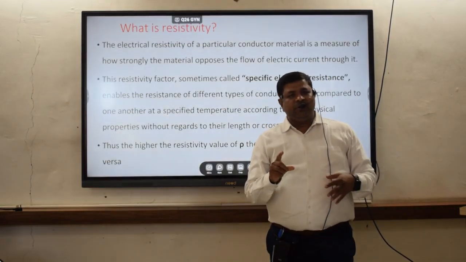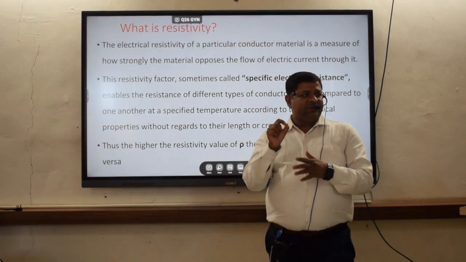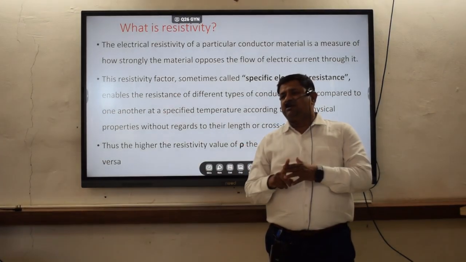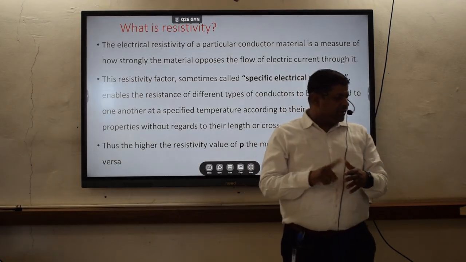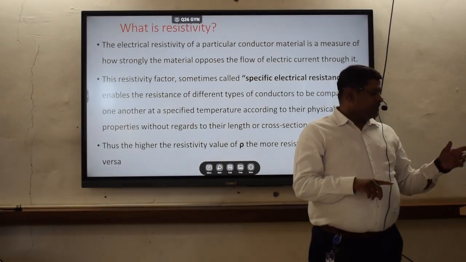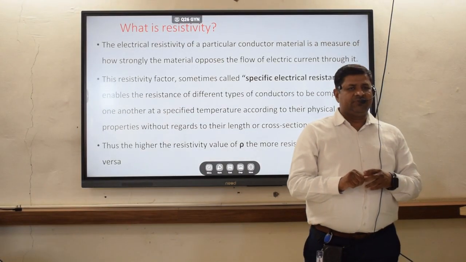So if we think about the temperature, then the factors we initially discussed, the area and length of the conductor, become a little bit important when temperature comes into the picture. Thus, the higher the resistivity value rho, the more the resistance, and vice versa.